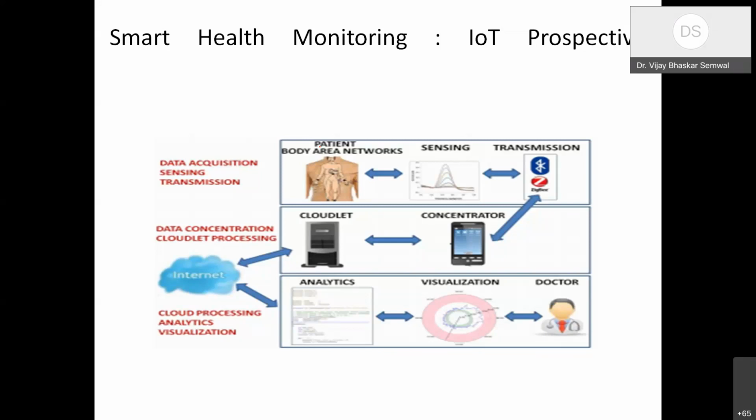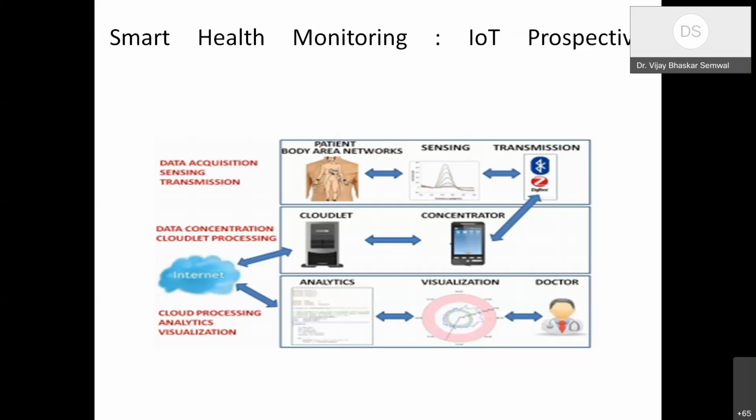So the body area network is enabled with sensors, forming a wireless sensor network, and they use protocols like TCP/IP for communication. The topology and communication interface also vary, whether it's Bluetooth, Zigbee, or Wi-Fi.